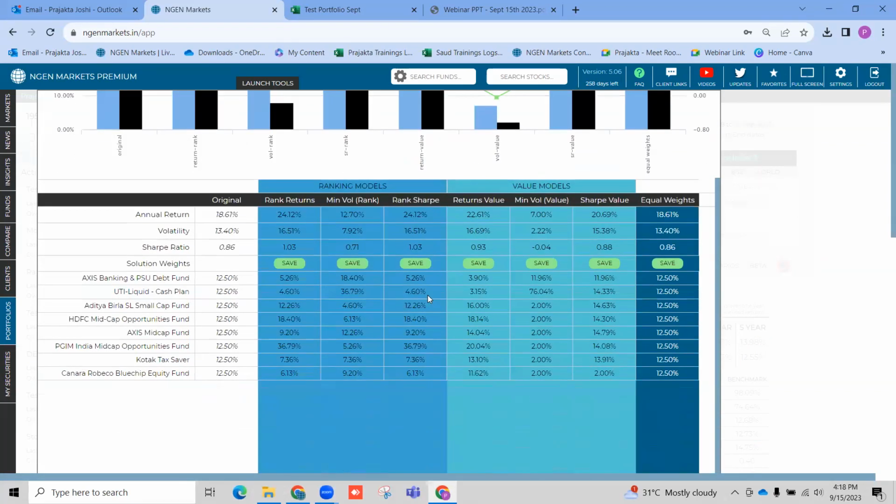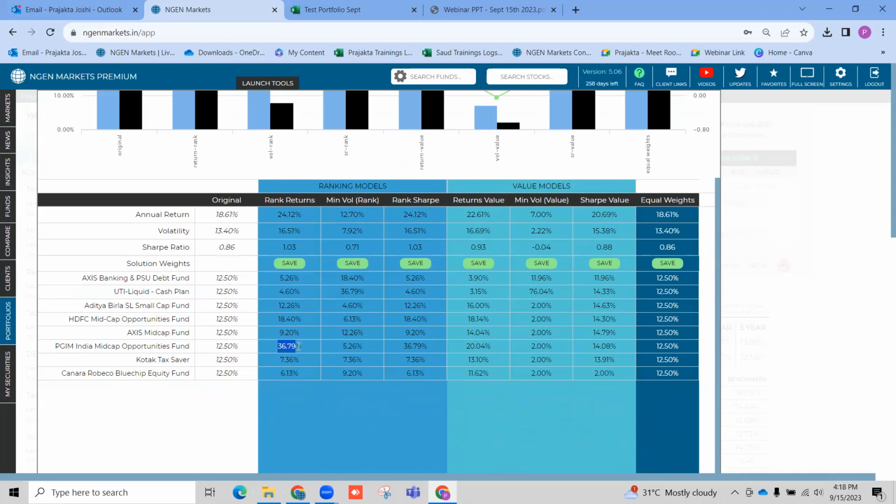So for an example, just ignore everything except returns now. Just focus on ranking models, rank returns, and value models, returns value. Now we will see that in this case, when it comes to ranking models, it gives the highest allocation to PGIM India mid-cap opportunities to an extent of 36%.